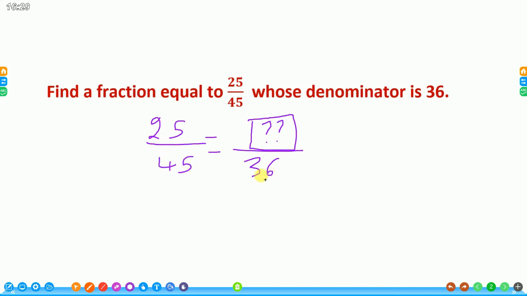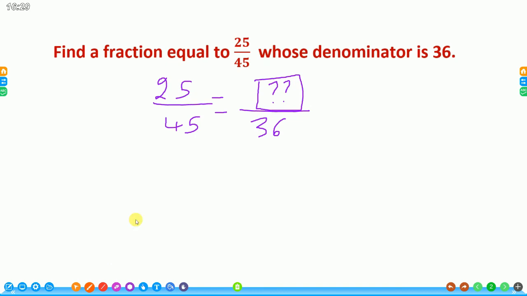So 36 is less than 45, and do we have a number divided by 45 that will give you 36? No. So in this case, what do we need to do? In this case, I need to simplify 25 over 45 and find its irreducible form. So we noted that 5 is a common divisor, and we obtain 5 over 9. So we found the irreducible fraction equal to 25 over 45.